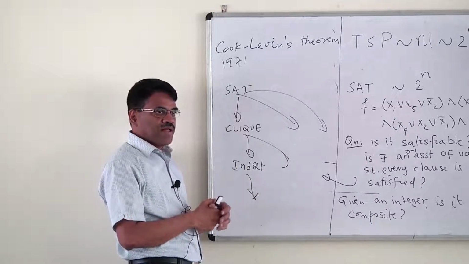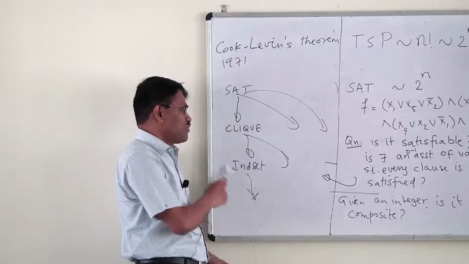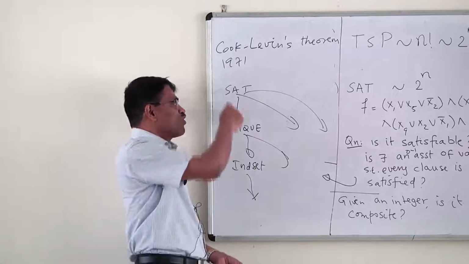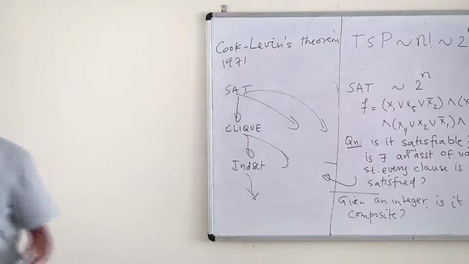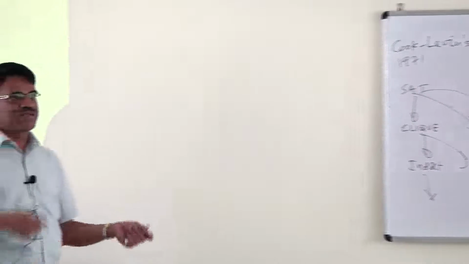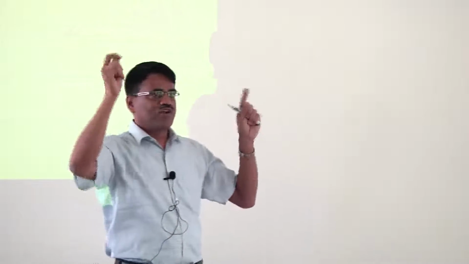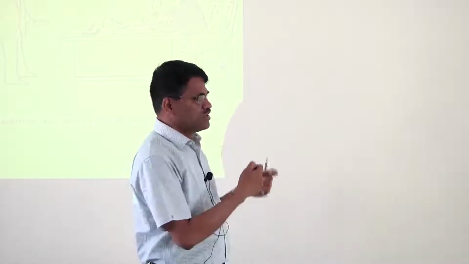That makes life harder to show something is NP-complete, because if I ask you to show that independent set is NP-complete, so far we know only these two problems, so you just have to try. But now there is a pool of thousands of problems which are NP-complete. So when a new problem comes and you believe it's NP-complete, you have to figure out, oh, it is looking very similar to click or vertex cover or independence set or TSP or all that, and give a polynomial time reduction to your problem.